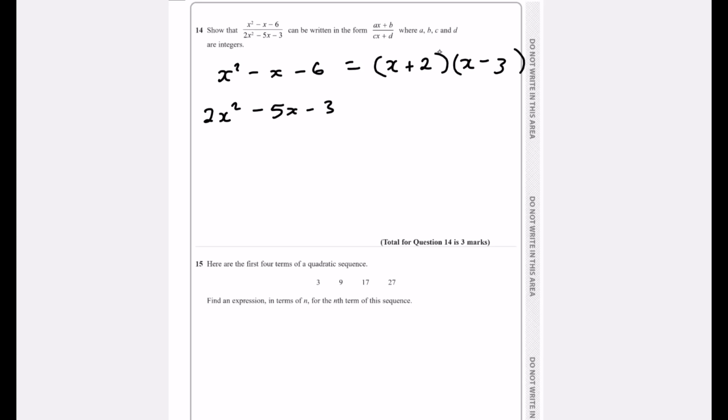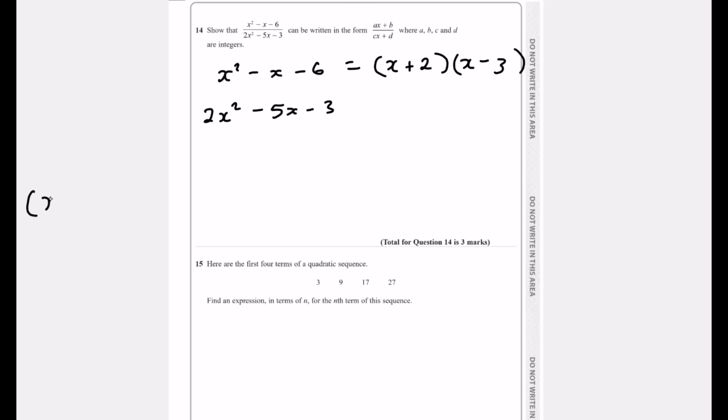Now we know one of the brackets is actually going to be the same as one of these, so we could use that to help us, so we don't actually have to do the full factorizing, because it can't be the x plus 2 because 2 isn't a factor of negative 3. So one of the brackets is going to have to be x minus 3.